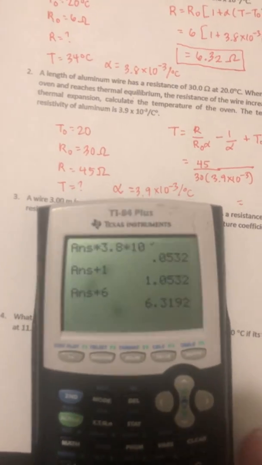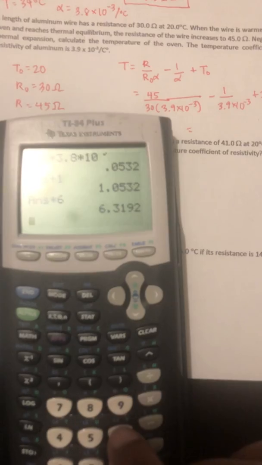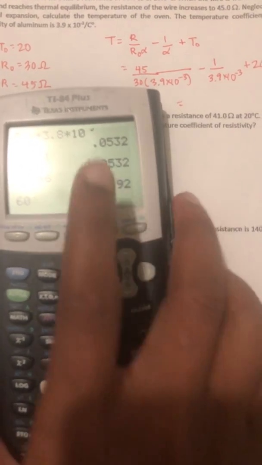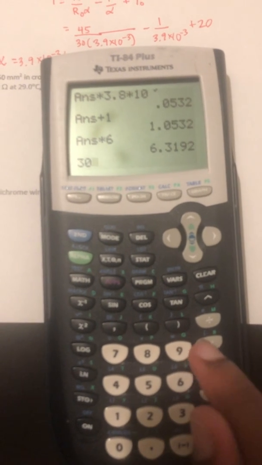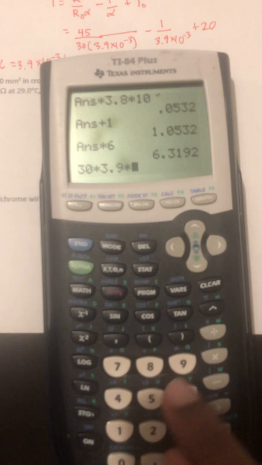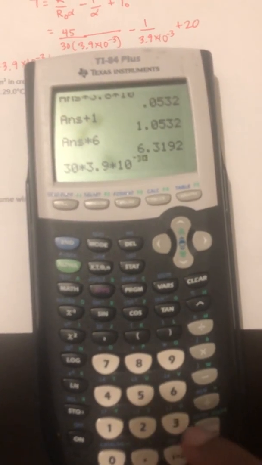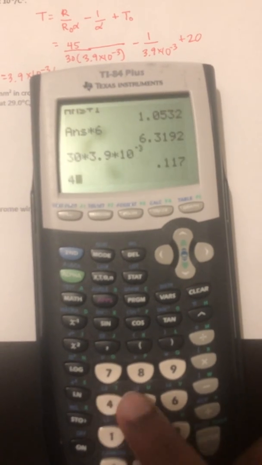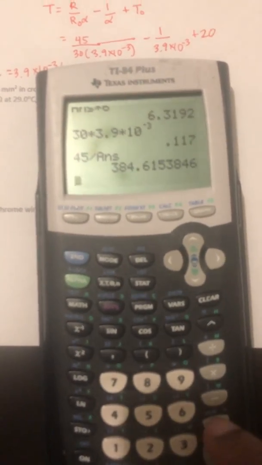Since the resistivity went up, the temperature should have also gone up. So I'm going to put 30 times 3.9 times 10 to the negative third. Then 45 divided by that answer.